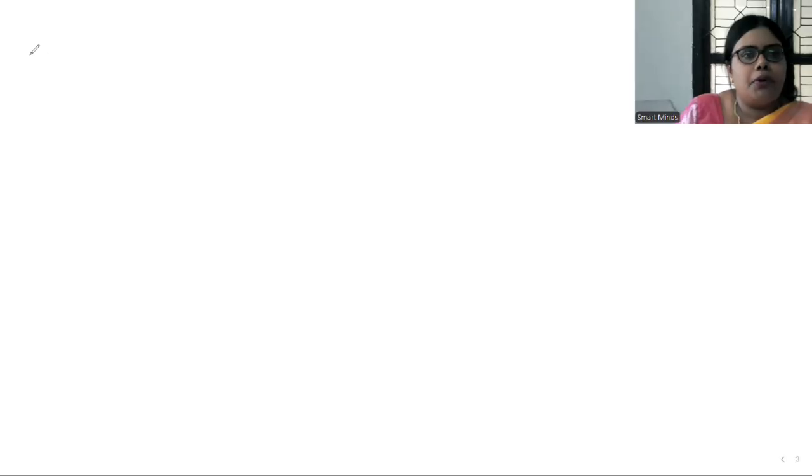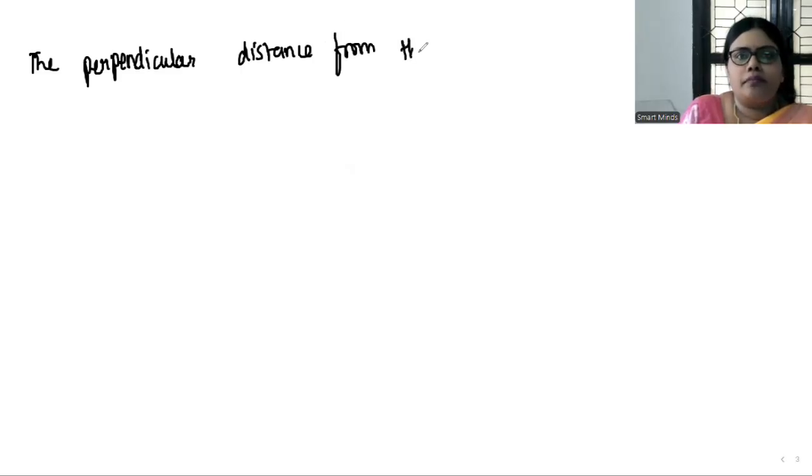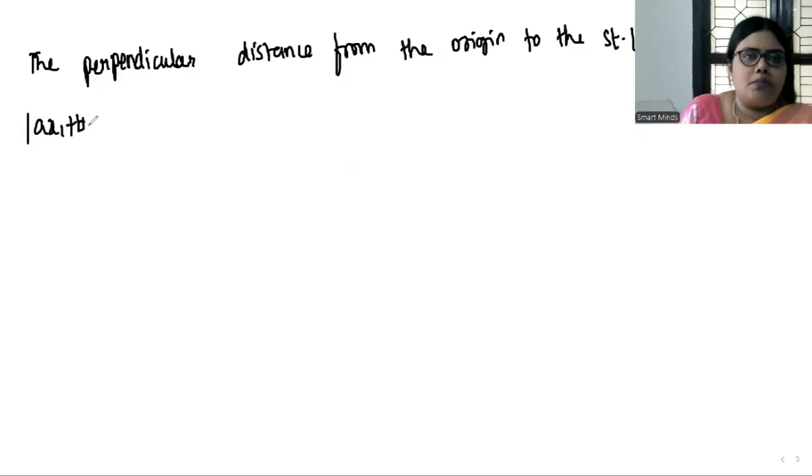Okay, so the perpendicular distance from the origin to the straight line 1 is mod ax1 plus by1 plus c by root a square plus b square.